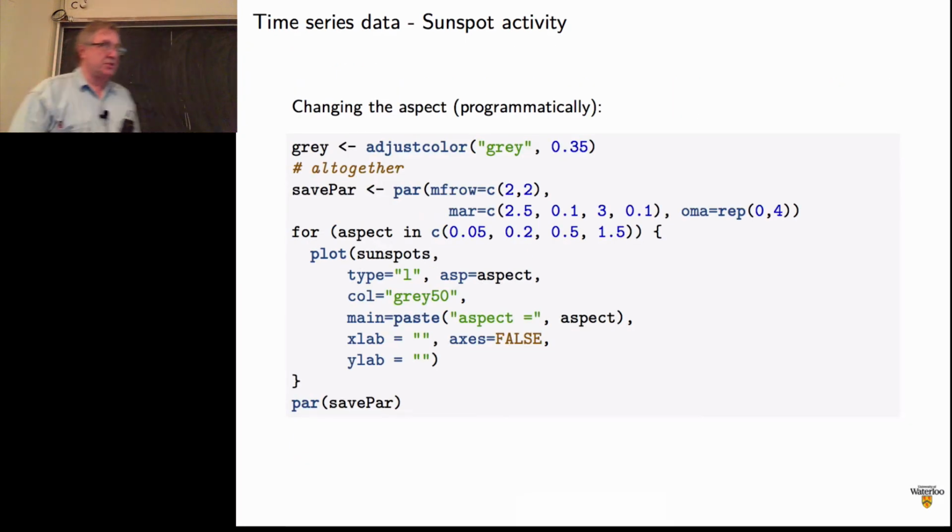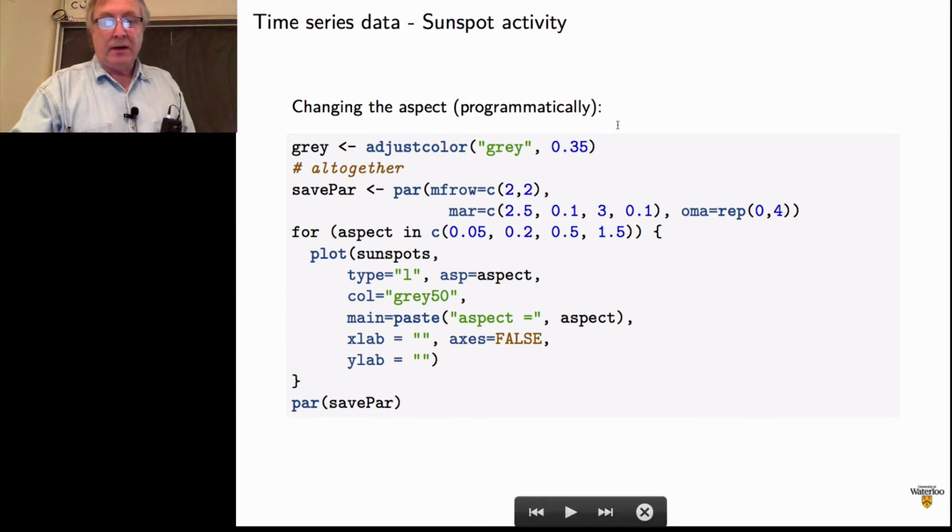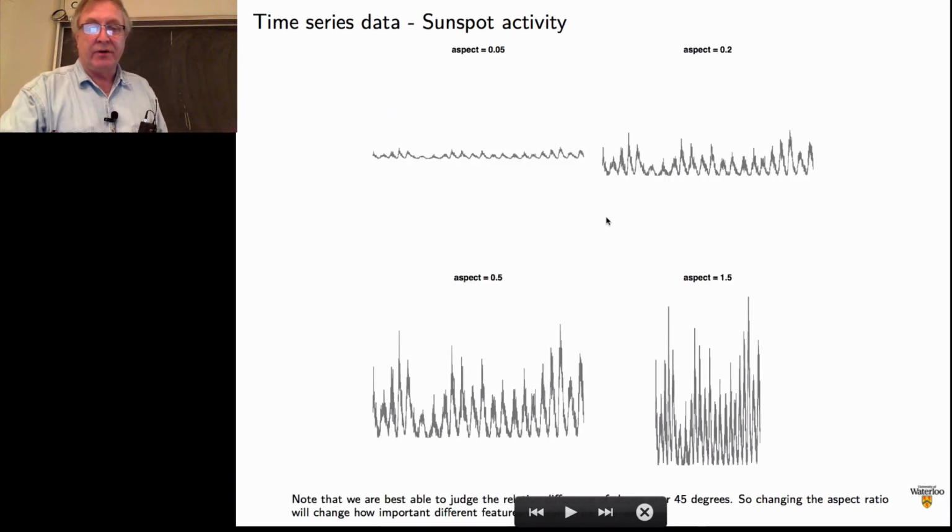We could also, of course, just change this aspect ratio programmatically. There is an argument here to the plot, asp, for the aspect ratio. Now you can go through a bunch of aspect ratios and plot it, and you can see this behavior.